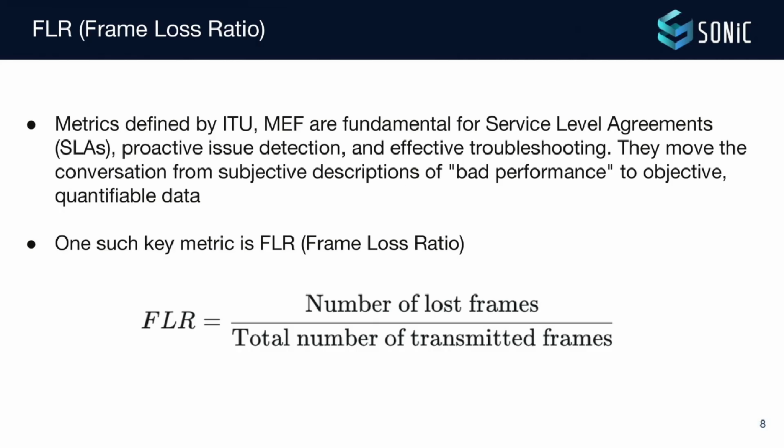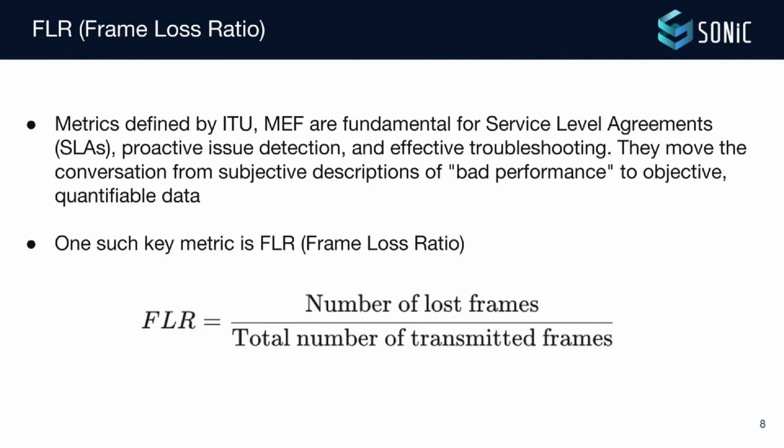By standard, ITU and MEF define these fundamental service level agreements. They are for proactive detection of issues and effective troubleshooting. They move the conversation from subjective to quantitative data, instead of just talking about bad performance of the link. How do you quantify the data? The simple thing is FLR, the frame loss ratio.